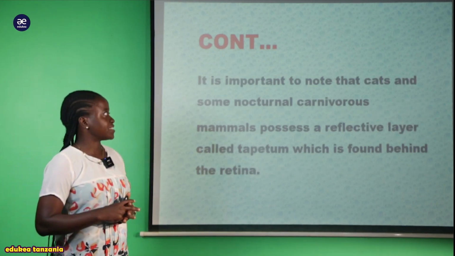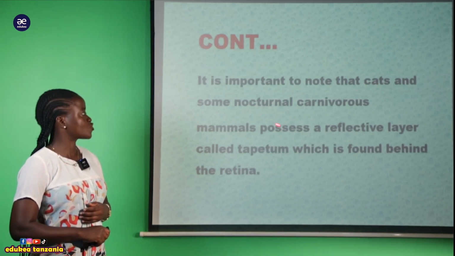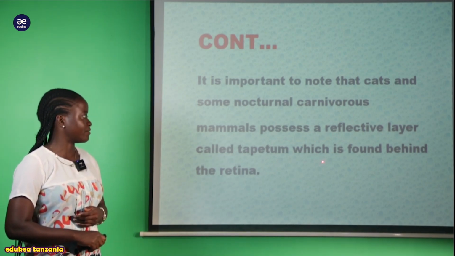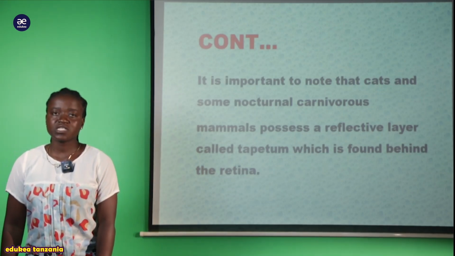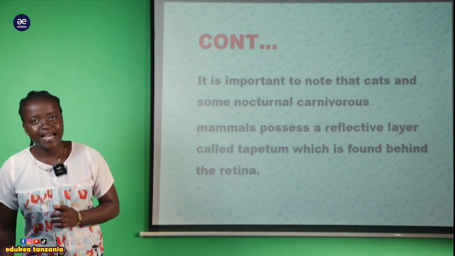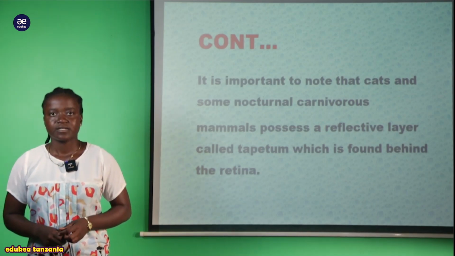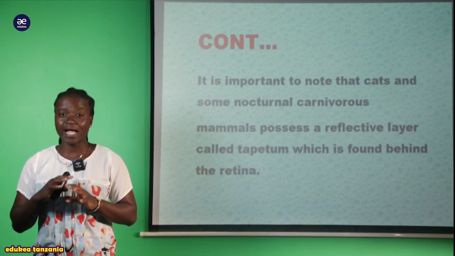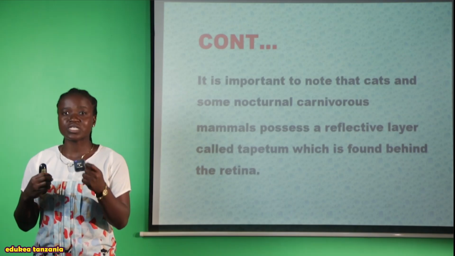Now it is important to note that cats and some nocturnal carnivorous mammals possess a refractive layer called the tapetum, which is found behind the retina. It is very important for you, my students, to know that cats, tunasema ni yule paka pamoja na wale nocturnal animals, ni wale organism wote ambao wanakuwa na ability ya kuona kwa ufasaha usiku.